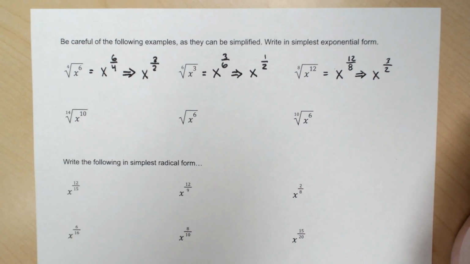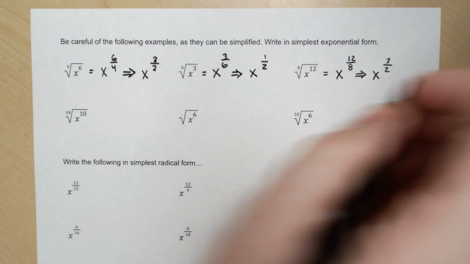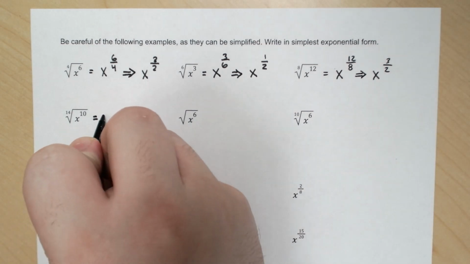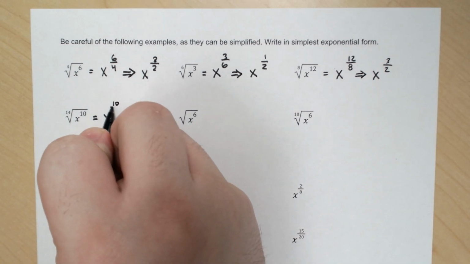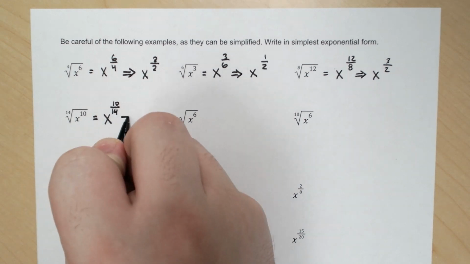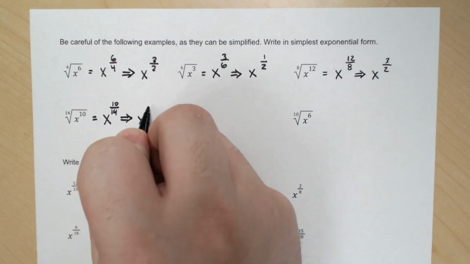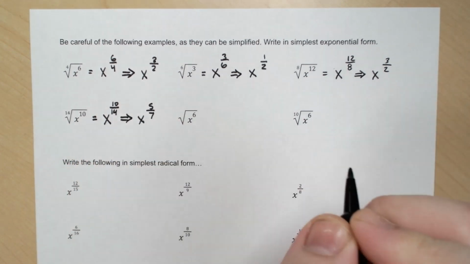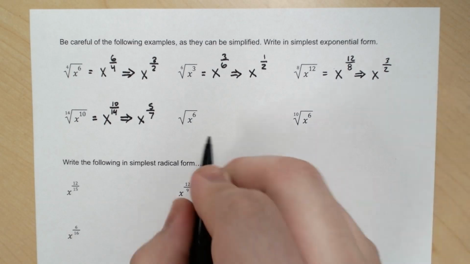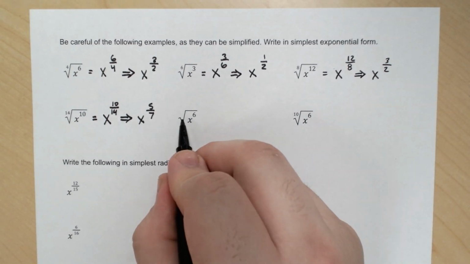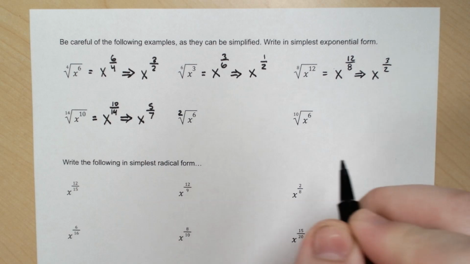Okay, try the next three, please. So, we've got x to the 10/14, which can reduce down to x to the 5/7. And then x to the 6, we've got the square root. Remember, that's an index of 2.